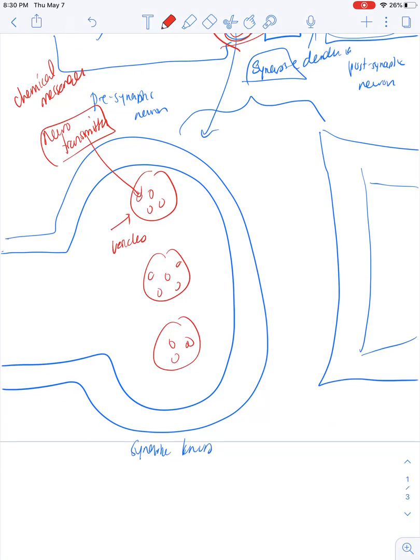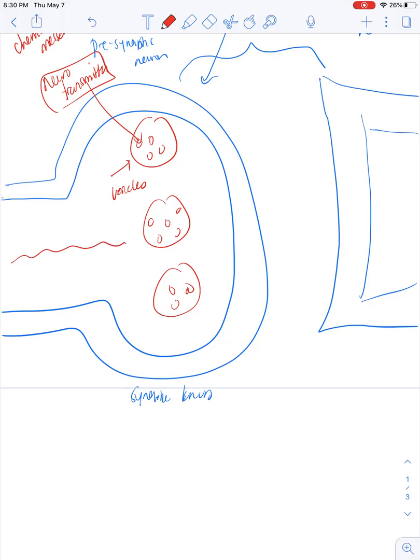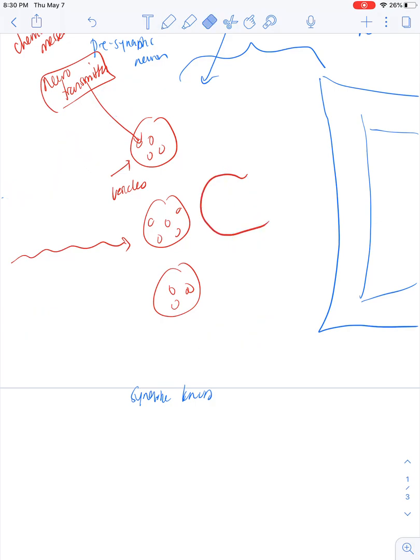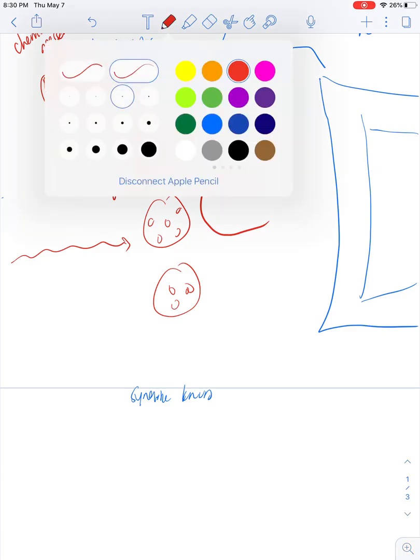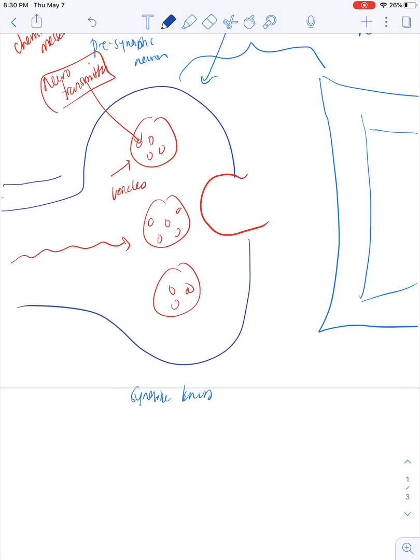And basically, let's say this neuron here is excited, this synaptic vesicle will actually fuse with the membrane and will deposit the neurotransmitter into the synapse. So now I've got to redraw this so you can see what is happening.